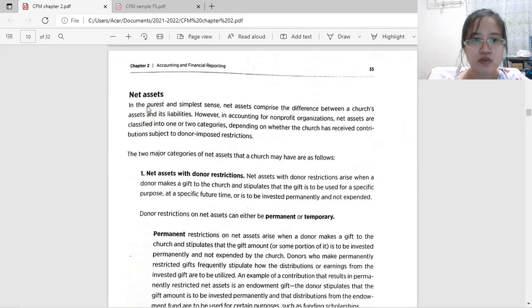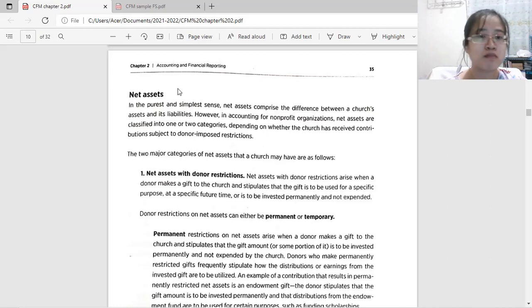And then next we have net assets, the difference of assets and liabilities. So you have your assets minus liabilities, net assets. For businesses, for-profit organizations, they call it equity. Essentially, it represents the portion of the business which is owned by the owner or contributed by the owner in the form of investments.